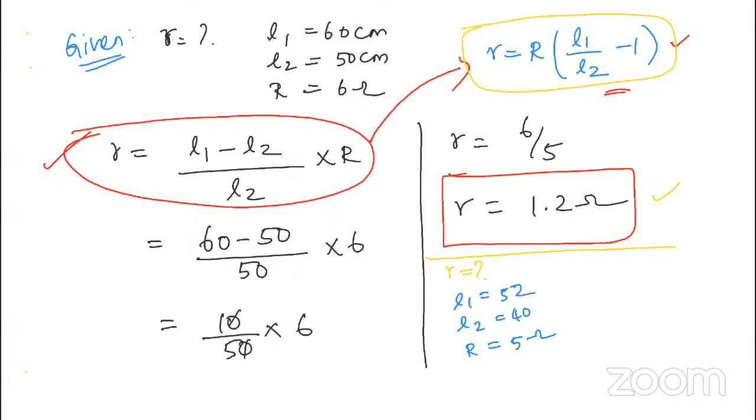Only the numbers have been changed. So you have 1 minute, try it now and give the internal resistance value.